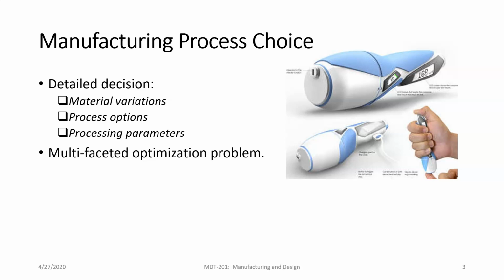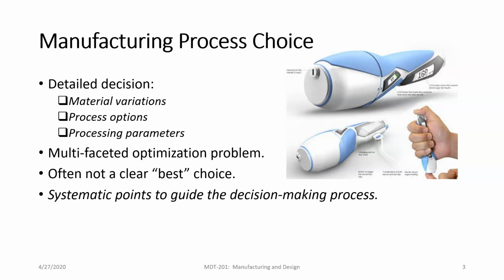We have to figure out what's the most important and drive towards a solution with that and hope that everything else follows along, and evaluate iteratively the whole time so that we can make sure we're not making a bad decision or affecting something upstream or downstream. Often there's not a clear best choice. And systematic points to guide the decision-making process include how to choose the process and when to choose the process.